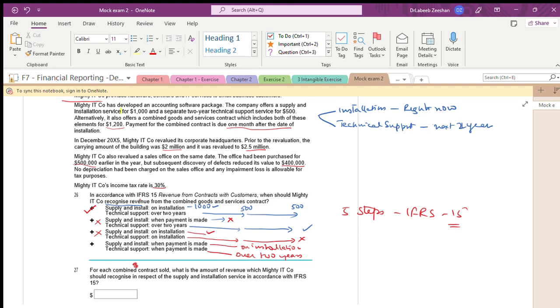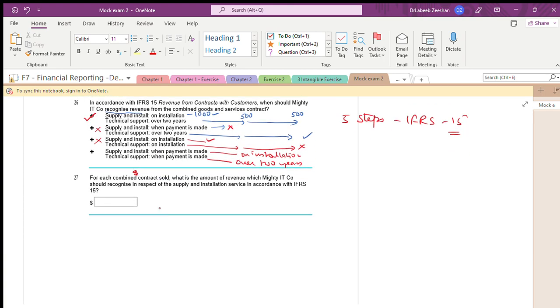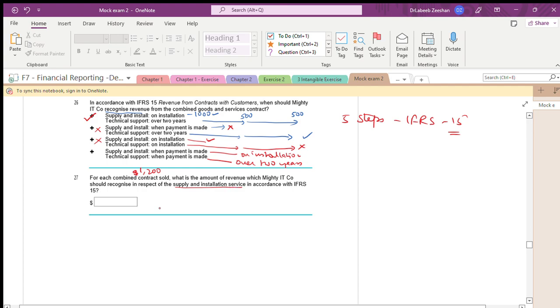A combined goods and service, which includes both these services, is how much? 1,200. What is the amount of revenue which Mighty company should recognize in respect of supply and installation service?